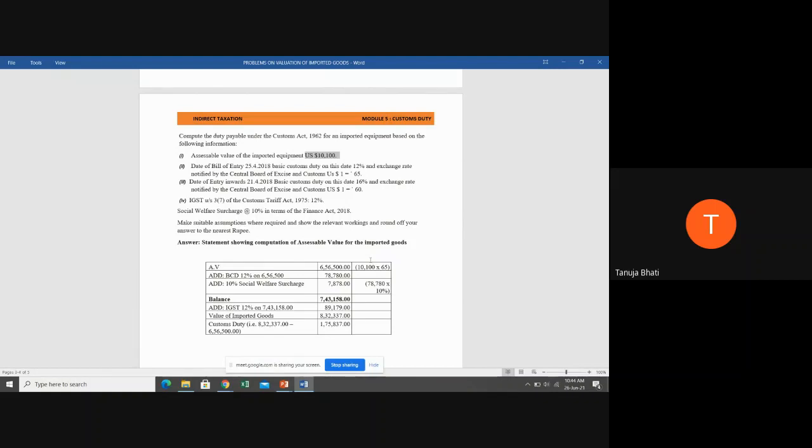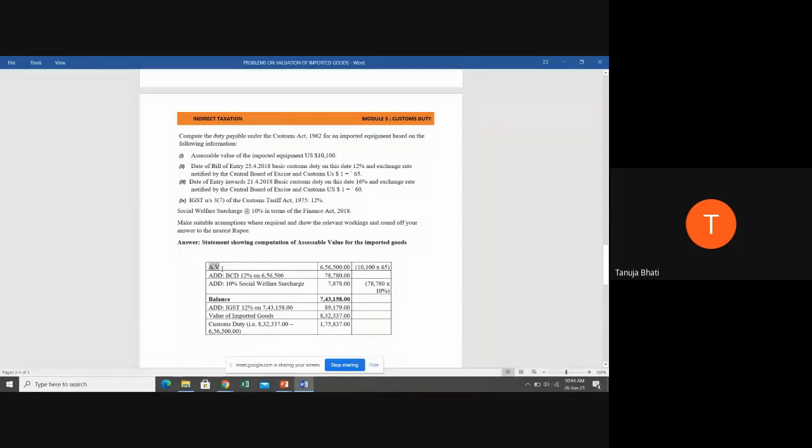You cannot collect taxes in the form of dollars. So always the assessable value needs to be converted first, and then you charge the customs duty. Remember, customs duty you cannot charge in a currency of a foreign country. Because the customs duty act is of India, you need to levy the duties in rupees. So first you convert this assessable value into rupees.